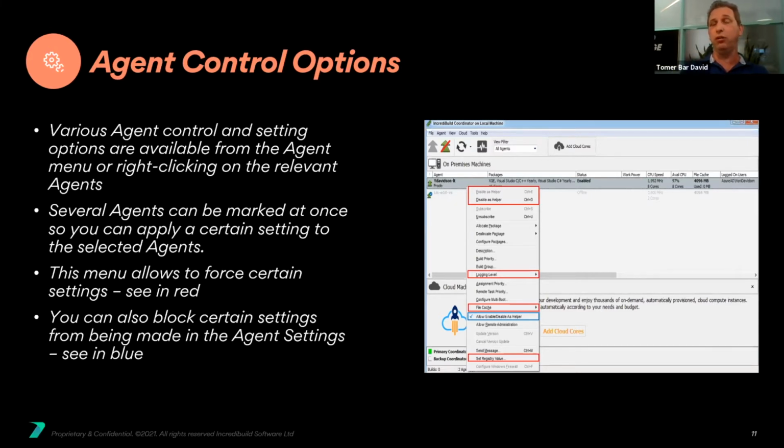And one important feature for you as an admin, or whoever is using the coordinator, is allow enable/disable as a helper. This is very important. This is the blue one, the one marked in blue. Why is it important? Because if I don't choose this option, it means that developers or anyone using their computer as a helper can disable themselves and take themselves out of the grid and from the build itself.